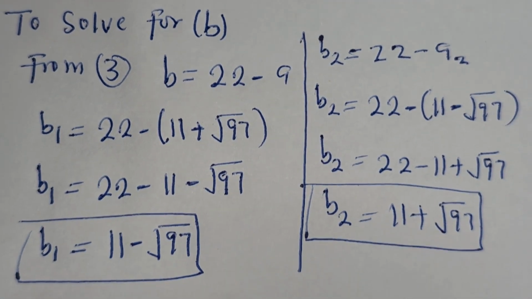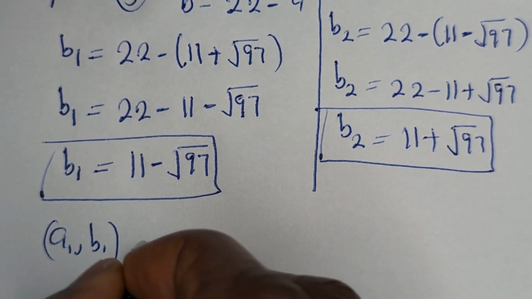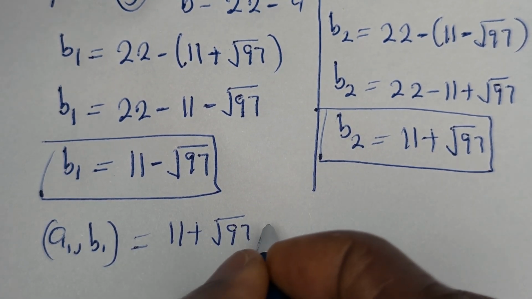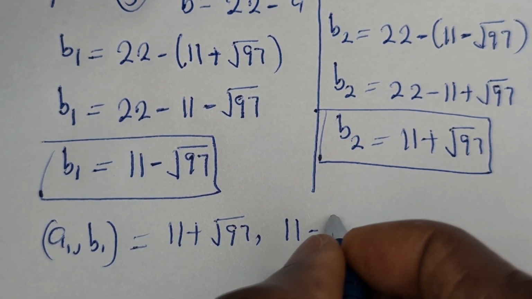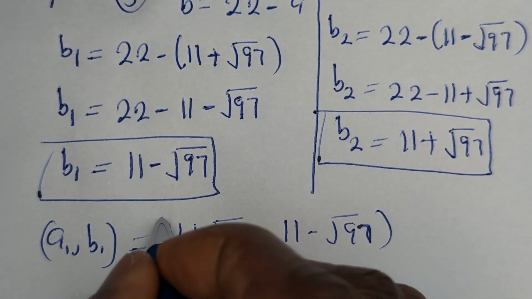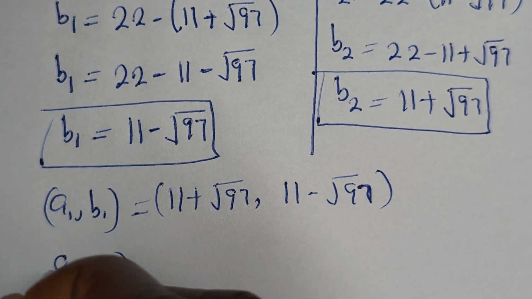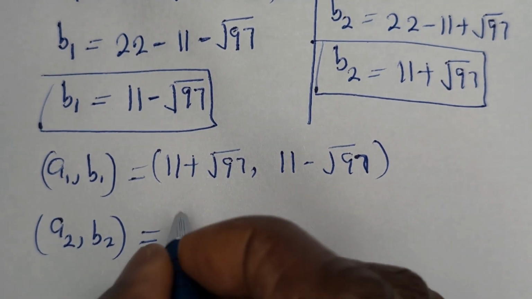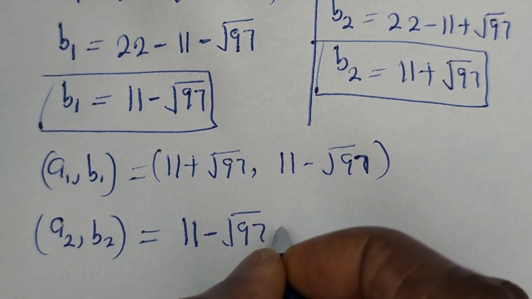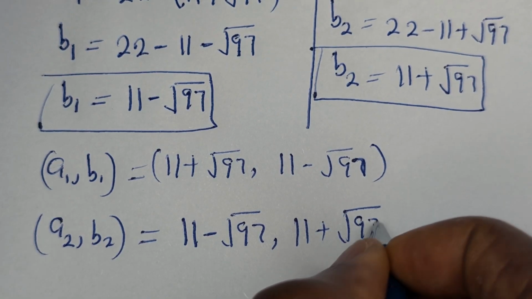Therefore, our final answer: a1, b1 is equal to 11 plus square root of 97, 11 minus square root of 97. a2, b2 is equal to 11 minus square root of 97, 11 plus square root of 97.